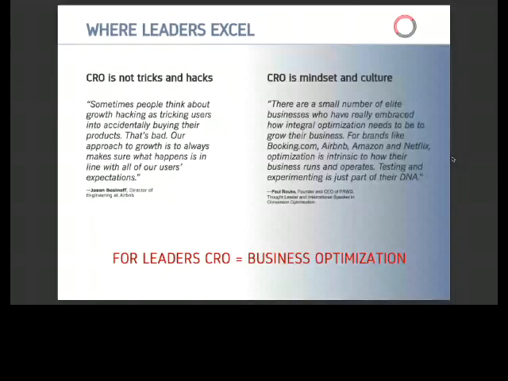So there were basically two themes that we found out. The first one was that the leaders don't look at CRO as growth hacking. Because a lot of the time I see marketing teams that want to do growth hacking or expand quickly, and they test different stuff in a siloed, partial way, like is red better than green, which are all tests, but this is not conversion rate optimization.